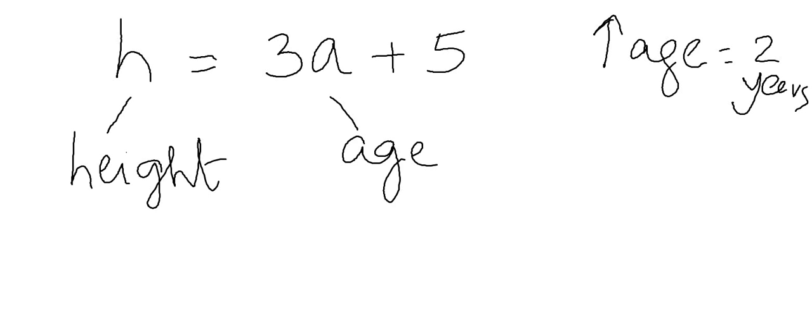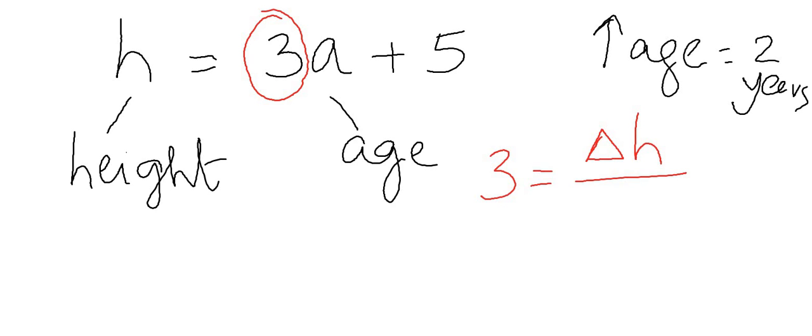So if that's the question, the first thing to recognize is that 3 is the slope of this linear function, and that is equal to a change in y, which is h in this case, divided by the change in x, which is a in this case, right?